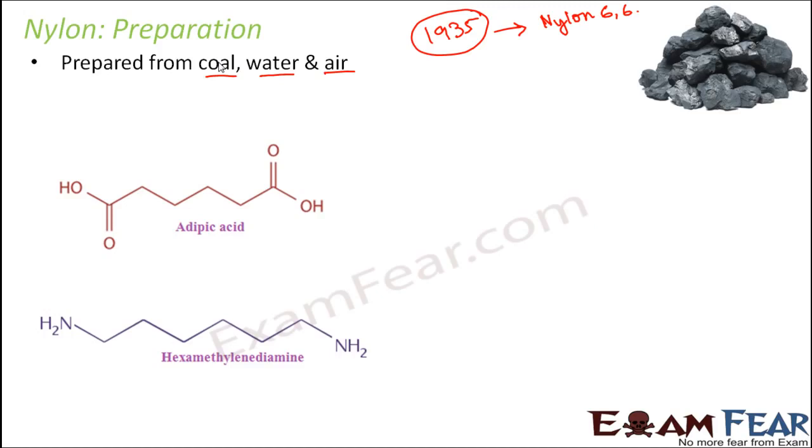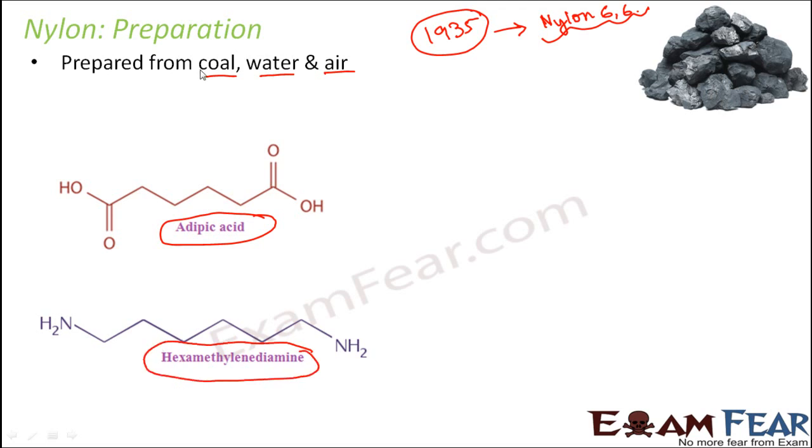I told you nylon is composed of diamines, diacids, acids or amines. So basically it is composed of acids and amines. Here I am talking specifically about the preparation of nylon 66. For preparation of this particular type of nylon, we use adipic acid and hexamethylene diamine.